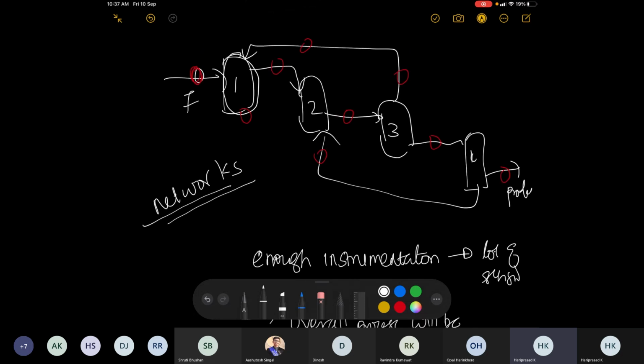For instance, let's say I have put a sensor here, and the temperature. So let's say this is a critical reactor whose temperature is affecting the conversion, which is a standard problem. Okay, so here the product that is going out is tightly influenced by the temperature here. So you need to monitor the temperature to control the concentration.